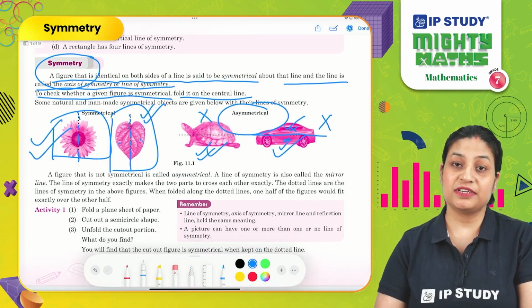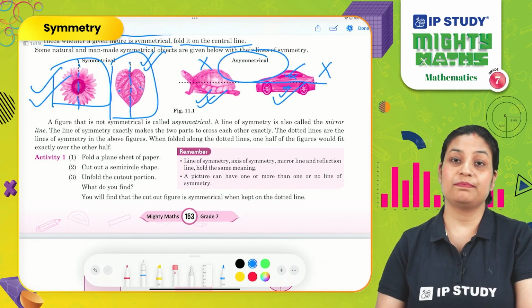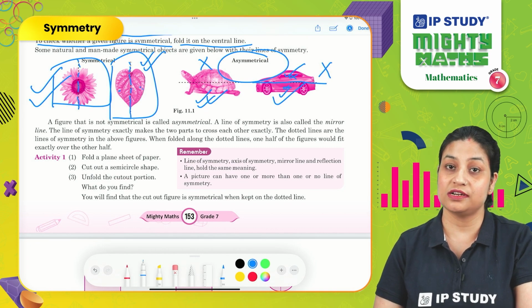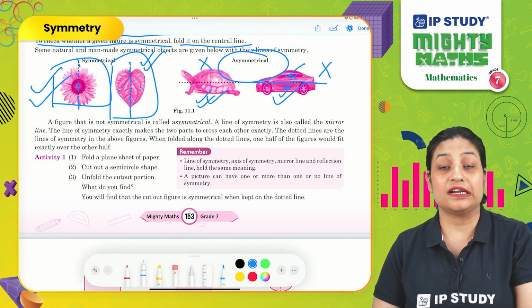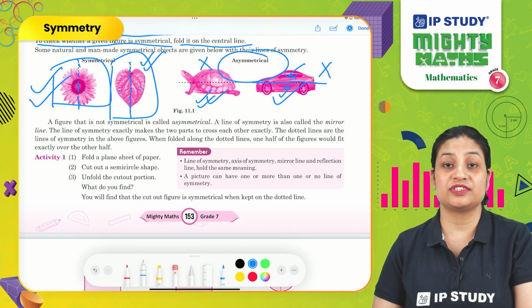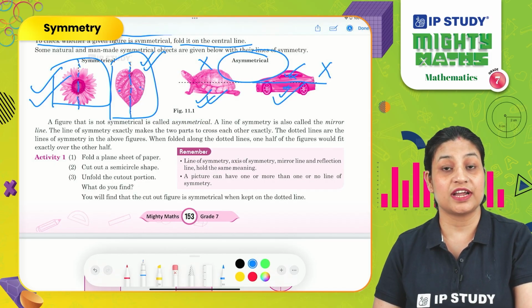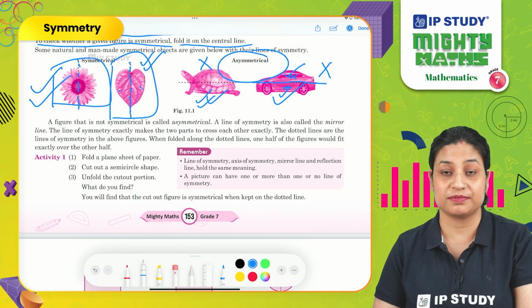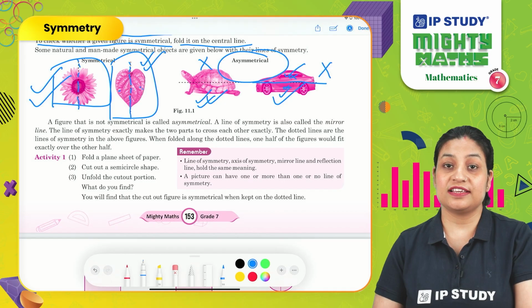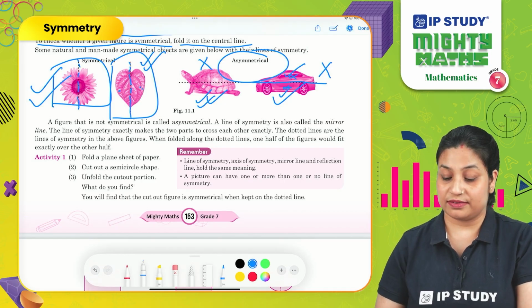Now, let me take some more examples for you. In the previous grade, we learned that lines of symmetry can be vertical and horizontal. There are some objects, some alphabets, having a vertical line of symmetry or a horizontal line of symmetry, and there are some objects or shapes that have both lines of symmetry in them. So let's discuss some of the examples. Let me take an example of, say, letter A. Let me write it here for you.